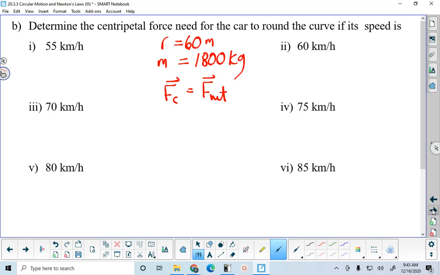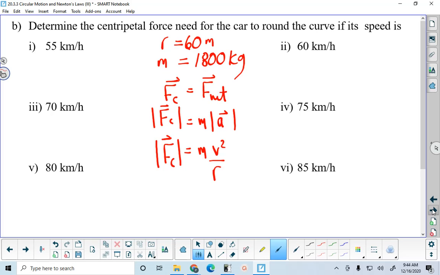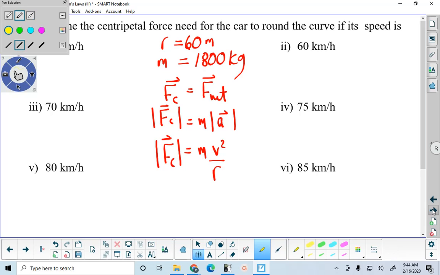But I'm just going to continue by saying that this is ma, and I'm not going to worry about direction in any of my further calculations. And a is v squared over r. So I end up developing this formula, Fc equals mv squared over r. And this is the formula we're going to use.